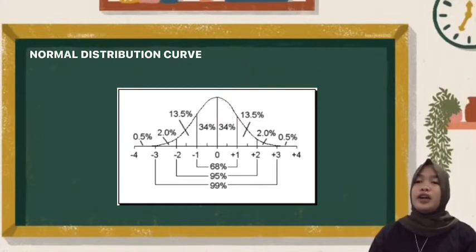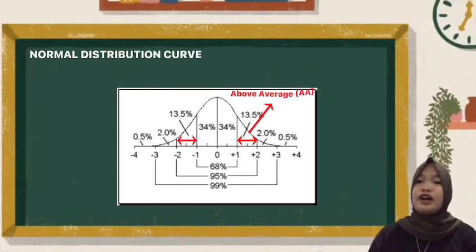Now, the one standard deviation to the right of the mean hanggang sa 2 standard deviations to the right of the mean, meaning +1 to +2, will comprise the 13.5% of your students. So, sinabi natin symmetrical siya, ibig sabihin yung 13.5 is 13.5 din sa negative. Yung +1 to +2 naman is yun yung tinatawag na above average.